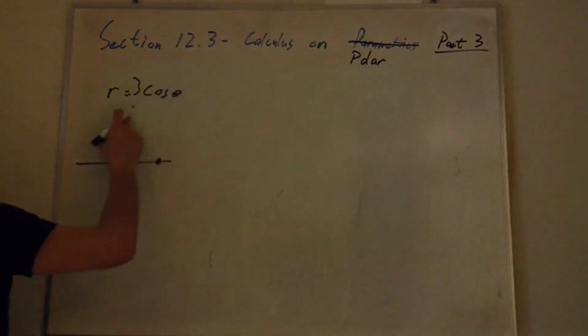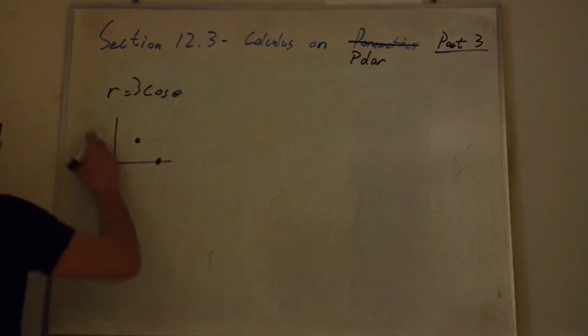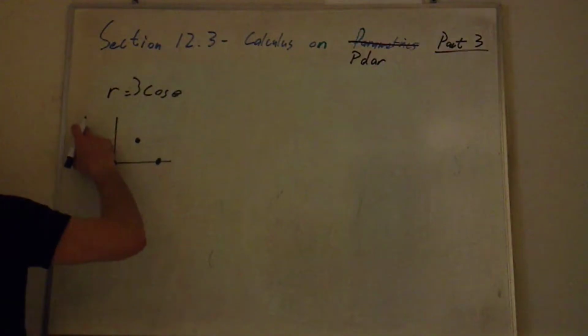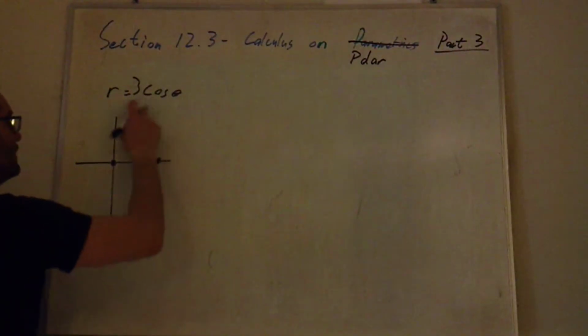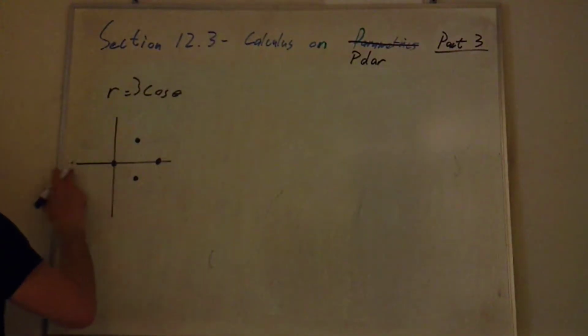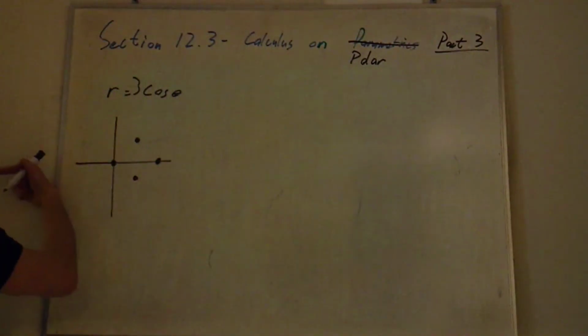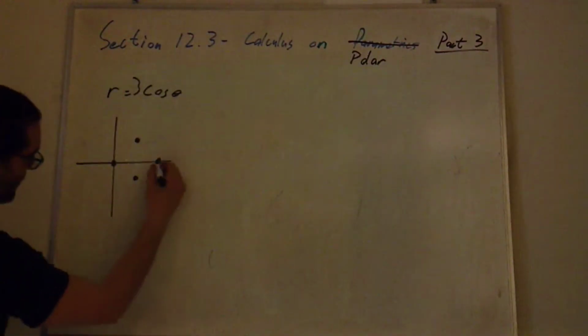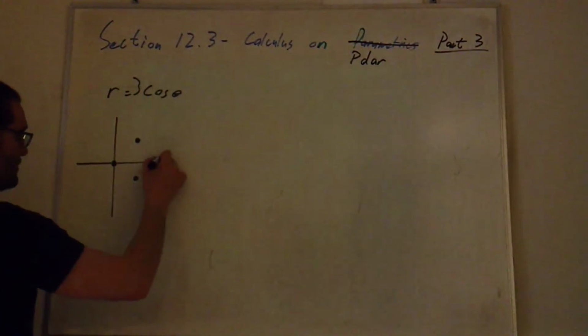At 3 pi over 4, you should be pointing into negatives, but your cosine is also negative, so it's going to reverse you and push it down here. And at pi, you'll be pointing backwards. The cosine of pi is -1. So you're pointing backwards, but your r is -3, so you're going to end up right back here. And then it just sort of loops around, does this.